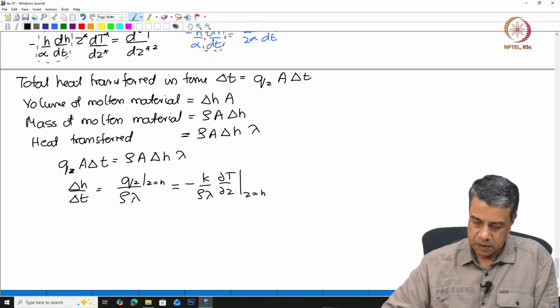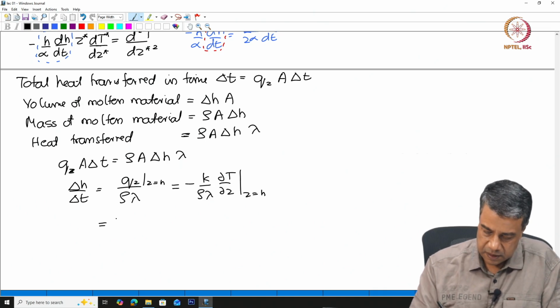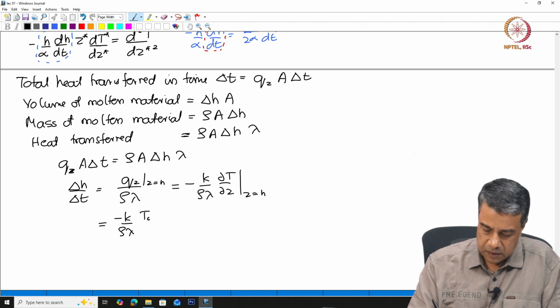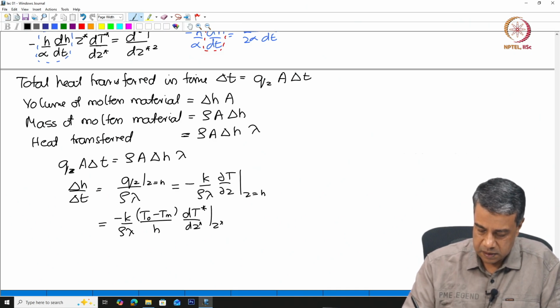Written in terms of the scaled variables, this can be written as minus k by rho lambda (T naught minus Tm) by h dT star by dz star at z star equals 1.